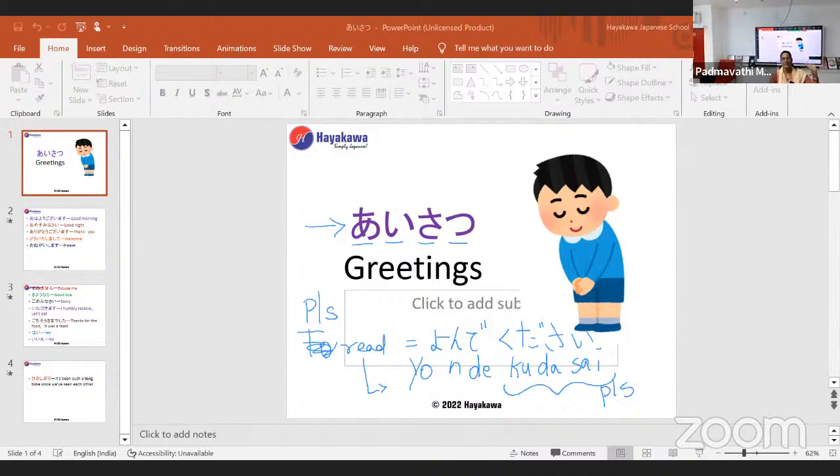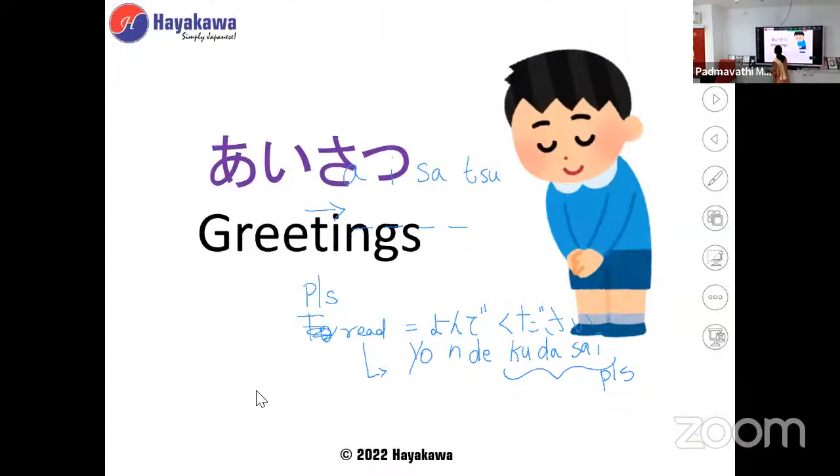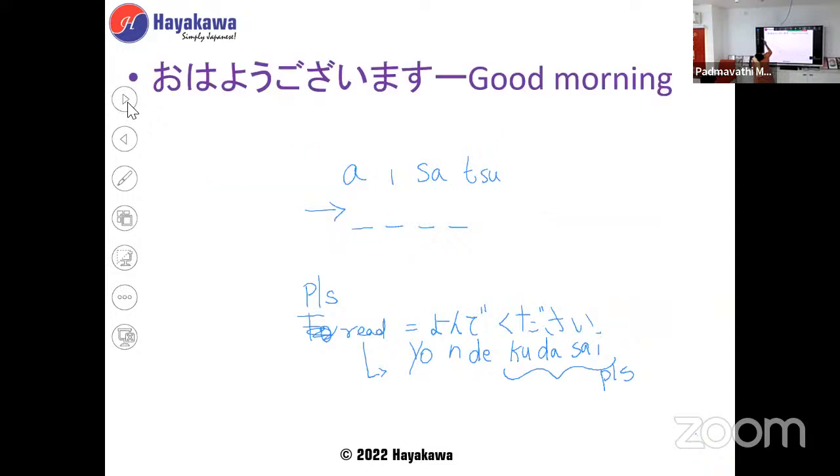How do we say greetings in Japanese? Aisatsu. We will see the greetings one by one. When you see the greeting, please try to read it. What is this?